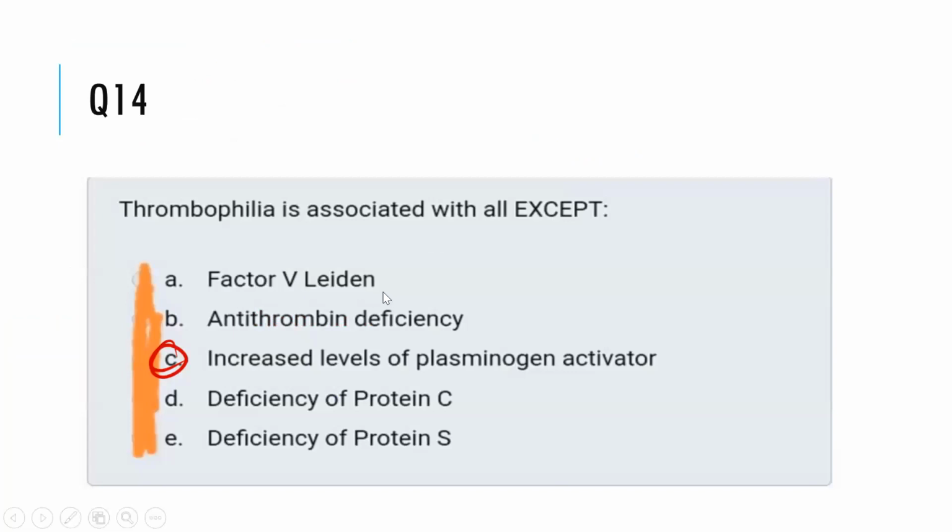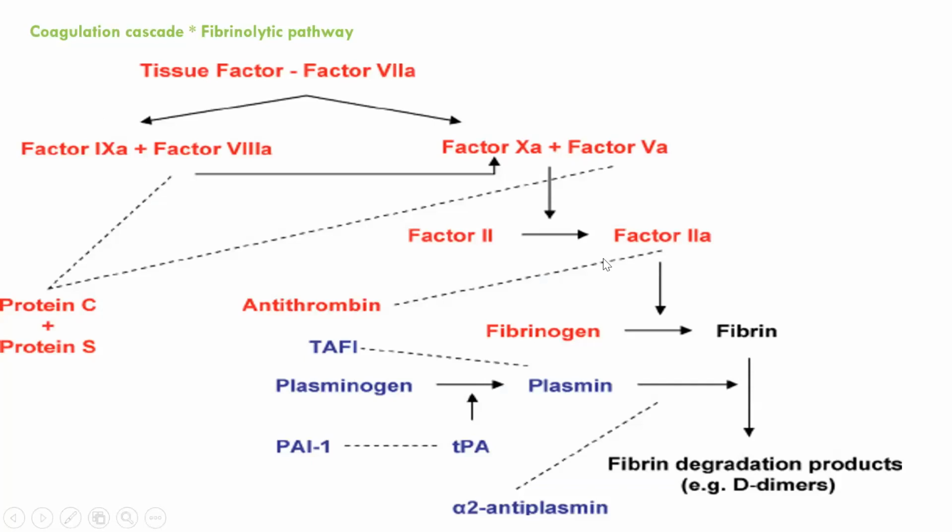Factor V Leiden is a cause of protein C resistance, so it also affects protein C and protein S, and it also leads to thrombophilia. Then antithrombin deficiency: when there's no antithrombin, definitely there's a lot of clot formation. So those are the factors affecting that.